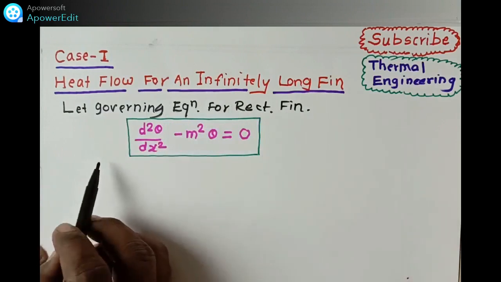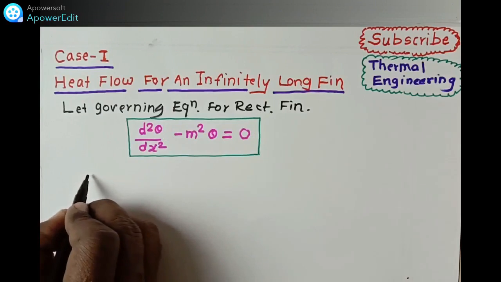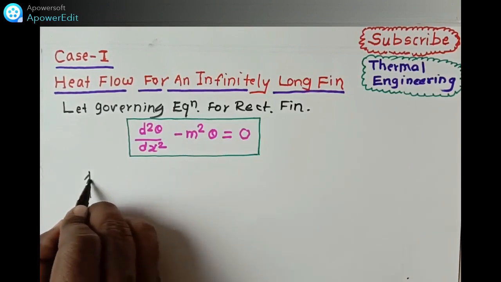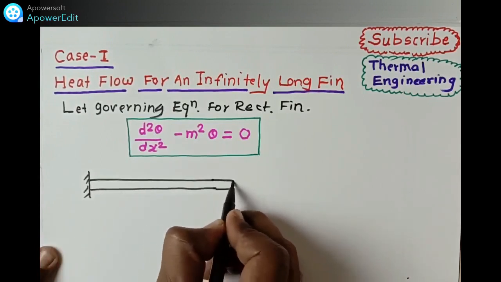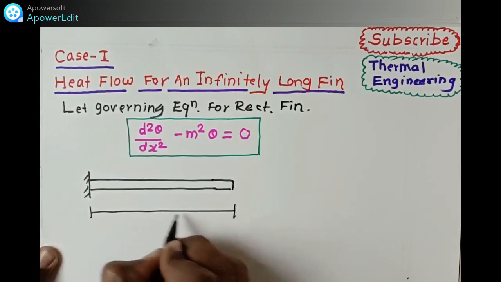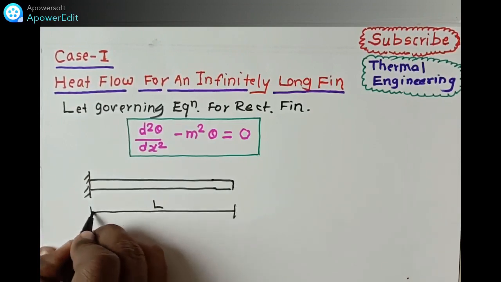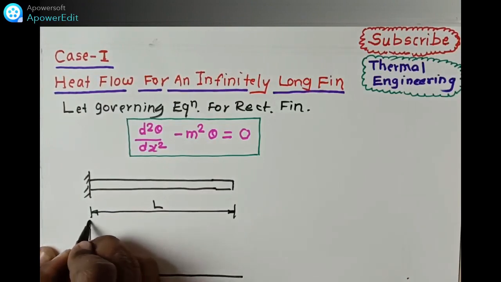So let us consider a long fin with the help of a diagram. This is a long fin with length L. Here we have to obtain the temperature distribution for this fin.